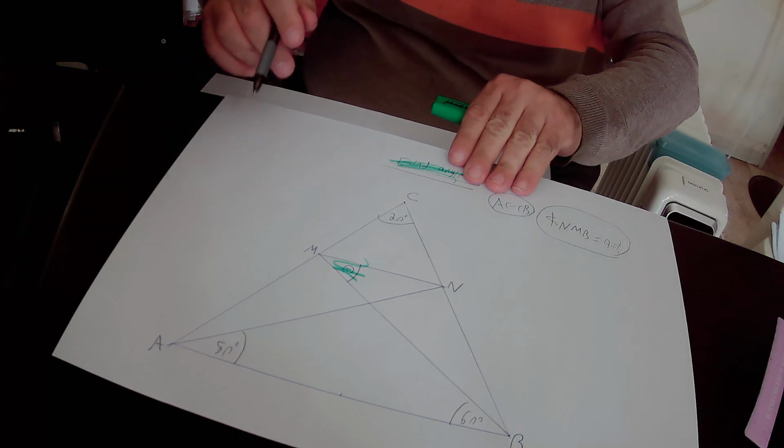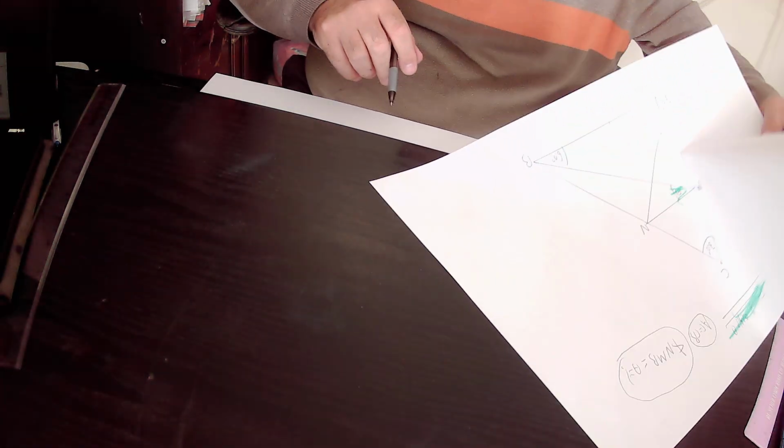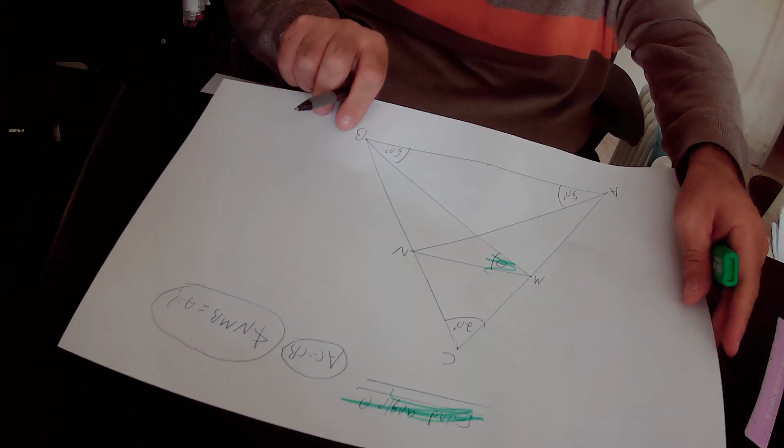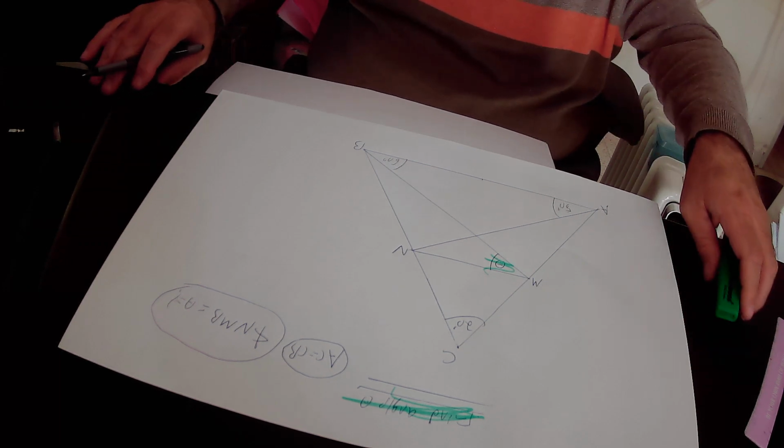So first of all, we focus on triangle ABC, the isosceles triangle ABC. I copy triangle ABC in a new page and we will analyze it.